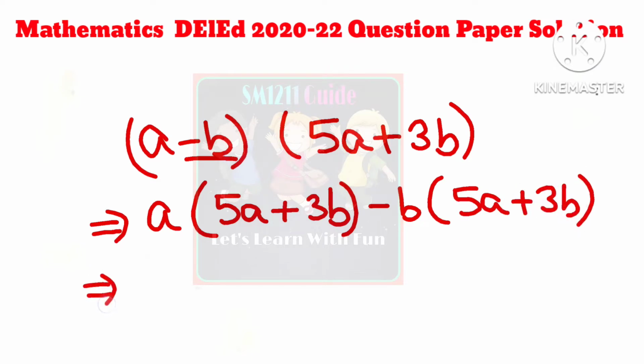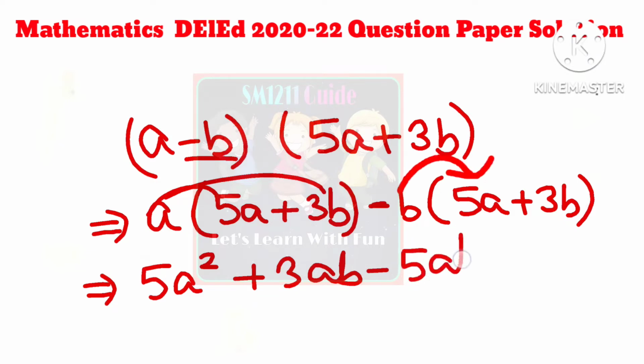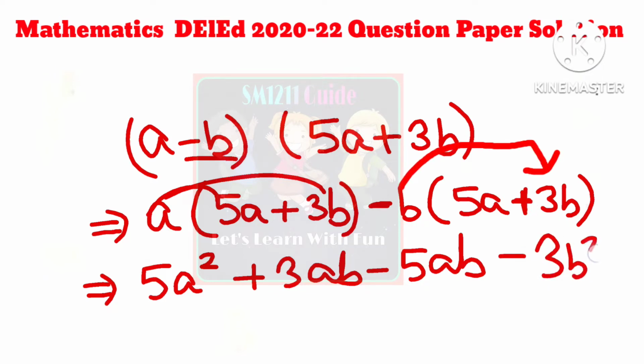Here you are getting a into 5a, that is 5a square, plus 3ab. After multiplying this, here we have minus, so minus 5ab; here minus, here plus, so it will be minus 3b square.